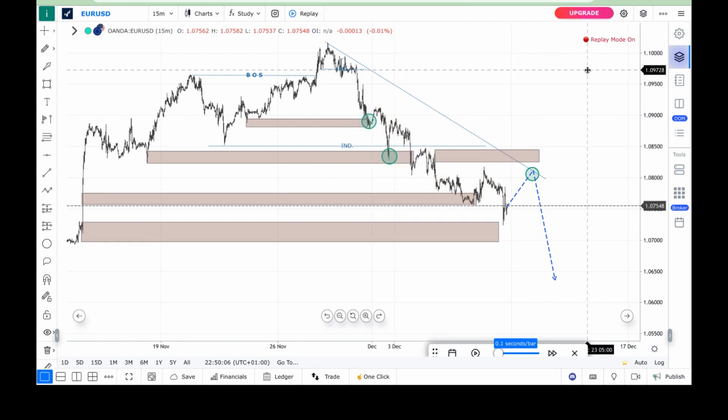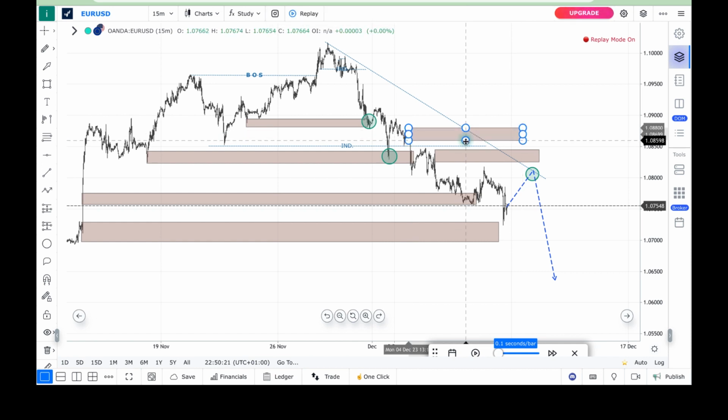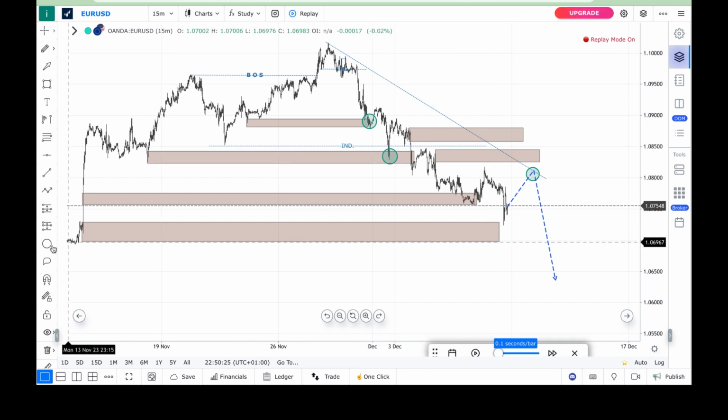Some pick here as their order block, some we choose here. Just like they picked all these at first.